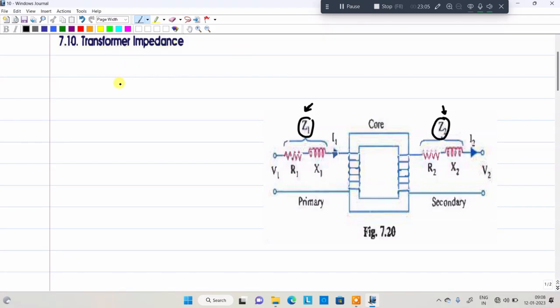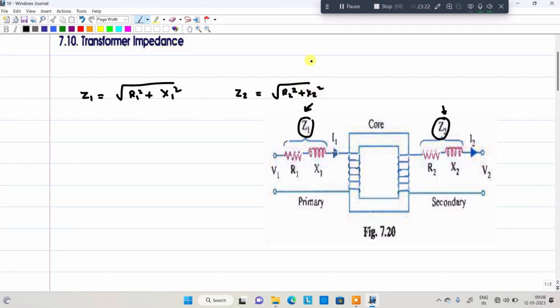Okay, we'll see how to write the impedance. Z1 is equal to the square root of R1 square plus X1 square. Similarly, Z2 impedance is equal to the square root of R2 square plus X2 square.